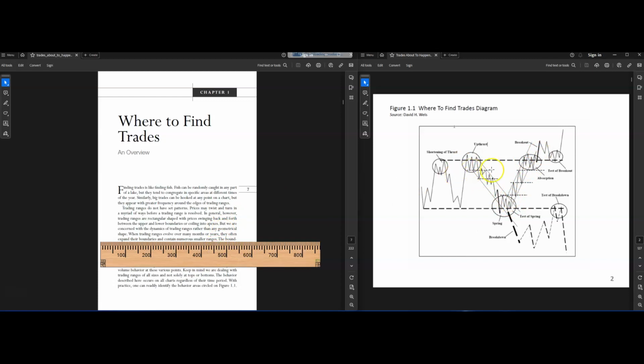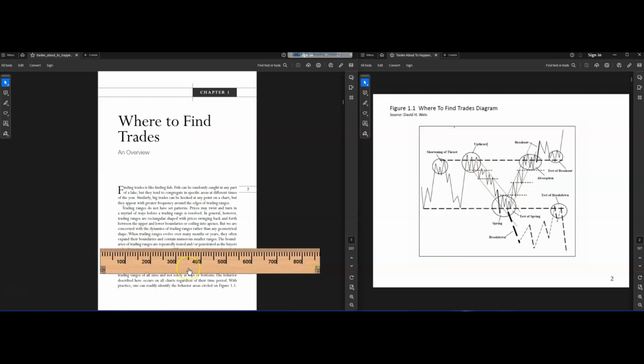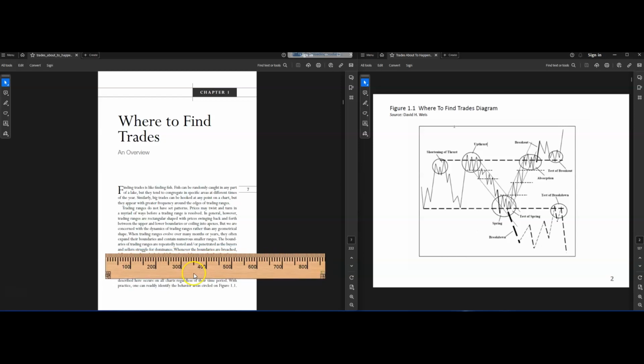You can see it by the dashed lines. Support resistance, the big one, and then the support resistance, the little ones, here. The boundaries are repeatedly tested and/or penetrated as the buyers and sellers struggle for dominance.